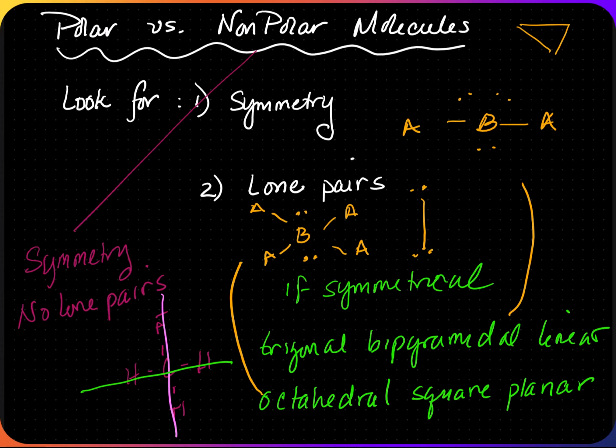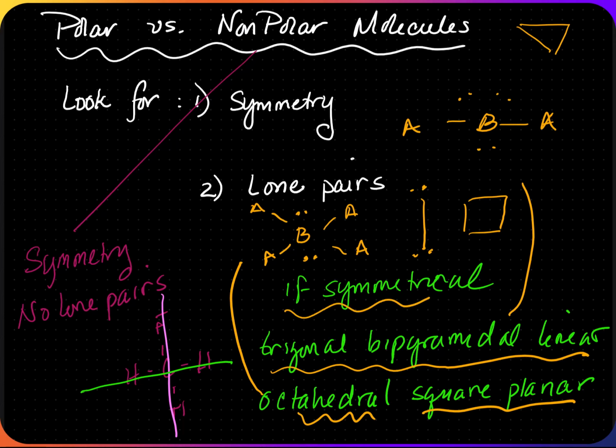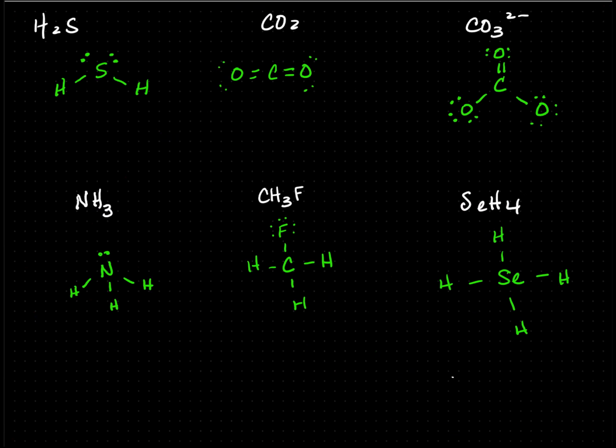The elements on the outside are in a square, and so they pull equally or push equally, so they cancel out. Trigonal bipyramidal linear and octahedral square planar are the only two with lone pairs that will be nonpolar, as long as they are symmetrical. If they are not symmetrical, then they are polar.